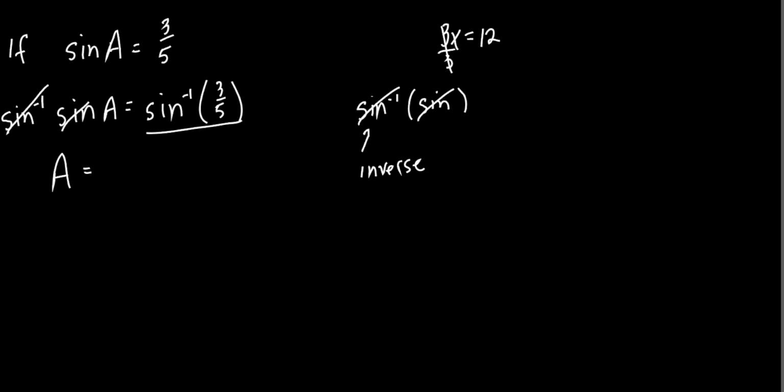Sine to the negative first of what? 3 divided by 5. So put 3 divided by 5, close the parentheses, hit equals, and there it is. So angle A is equal to what? 36 point, what's that? 86, that 6 rounds that 8 to a 9. And that is an angle, all right? This is angle A. So look, you just found a missing angle.